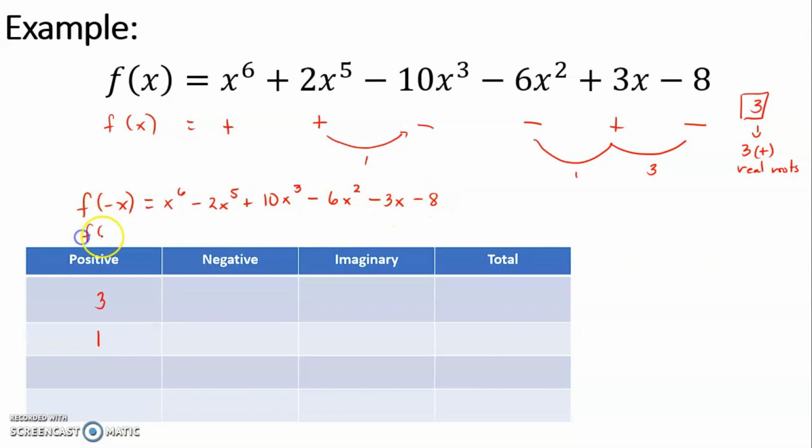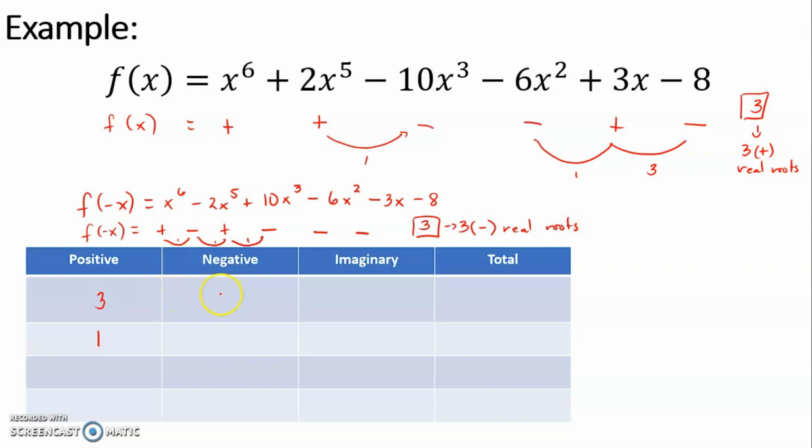So, f of negative x is positive, negative, positive, negative, negative, negative. So, let's count. 1, 2, and 3. So, there are a maximum of 3 negative real roots.